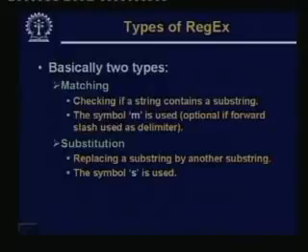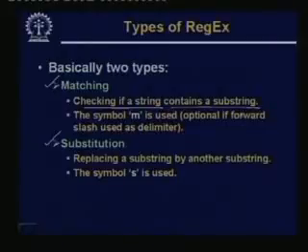Now, broadly the types of regular expression can be categorized as matching and substitution. In the matching case, basically you are matching a string against a substring. You are checking if a given string contains a substring.